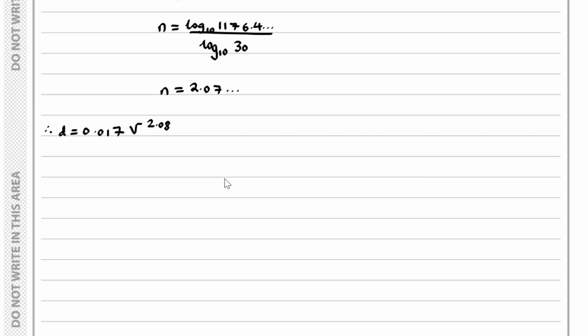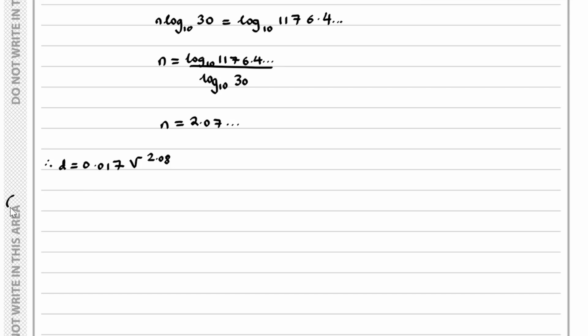So for part C, we've got this 60 kilometers per hour, and we can convert this into meters per second by multiplying by 1000 and then dividing by 3600. So this is in meters per second.